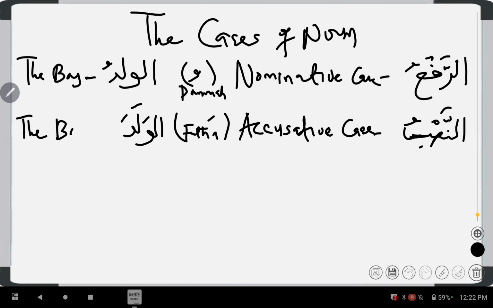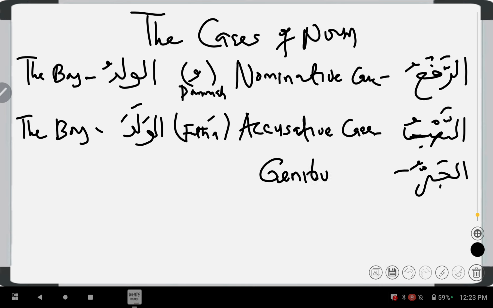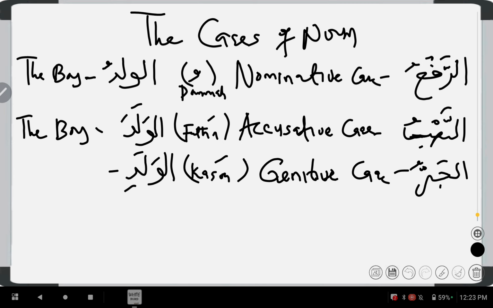And the third case is al-jar. Al-jarru is the genitive case. That is when a word ends with kasra, like al-waladi, the boy.